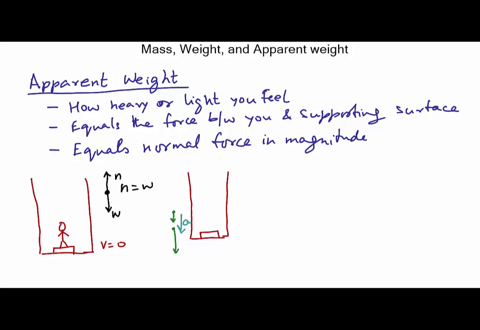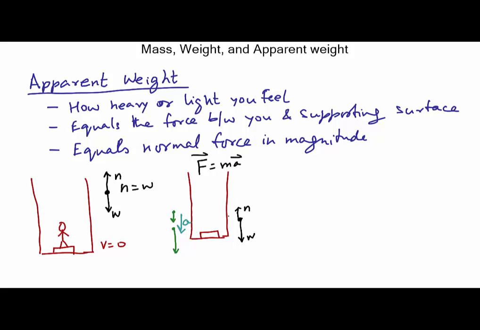If I now do the free body diagram of this situation, my net force has to point down because of F equals ma. The direction of net force and the direction of acceleration are always the same. And given that the net force has to point down, my weight is still the same, but the normal force has to reduce in magnitude for the net force to point downward.